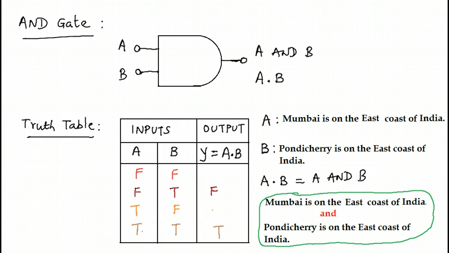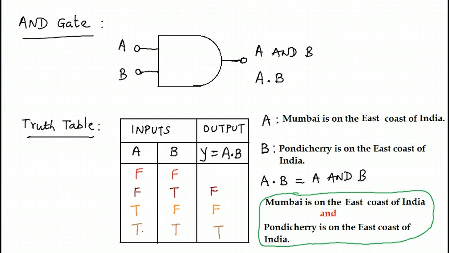Now likewise, if the first statement A is true and the second statement B is false, then A and B must be false, and that leaves us with the first row in the truth table where A is false and B is false. That's trivial, but let's go through it all the same. So I start by reading statement A, Mumbai is on the east coast of India.